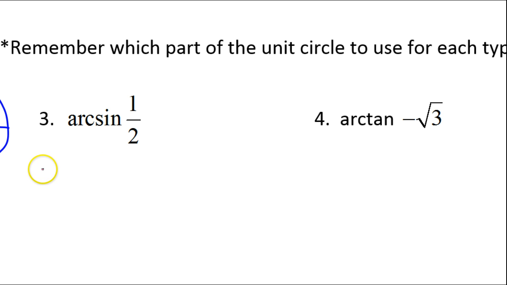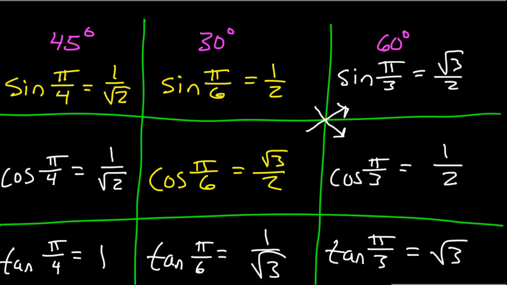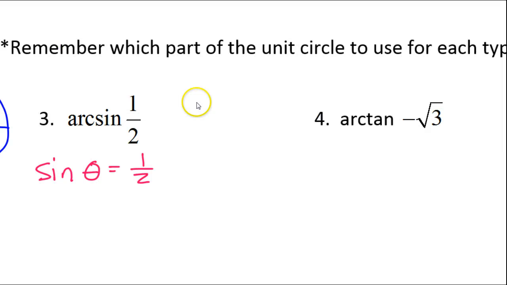This is asking the question, sine of what angle is equal to 1/2? So let's look at our scratch paper. Here's sine, and here's 1/2. So that's sine of pi over 6. Be careful, that's not the final answer, that's just the reference angle. So far we know that the reference angle is pi over 6.